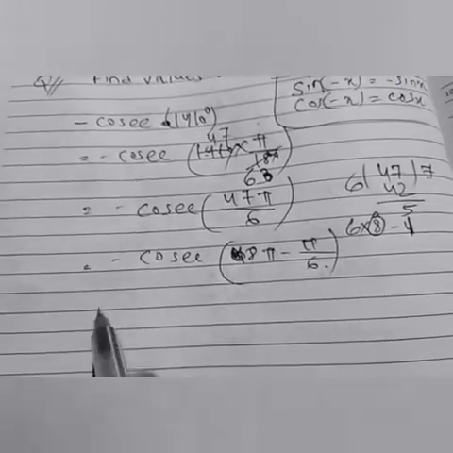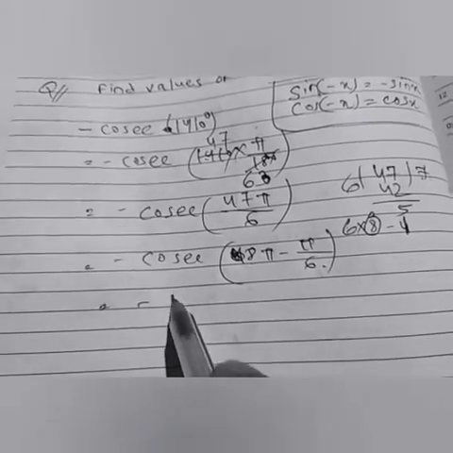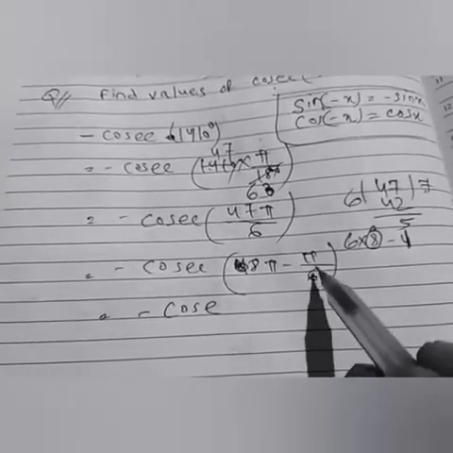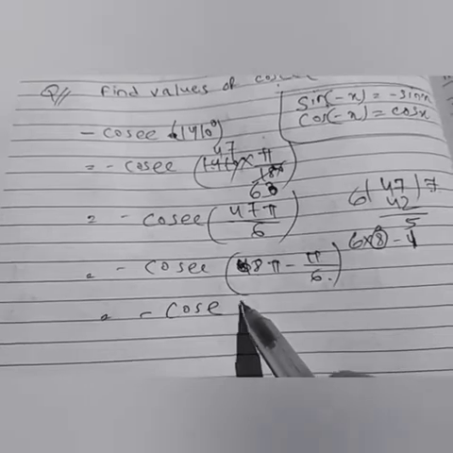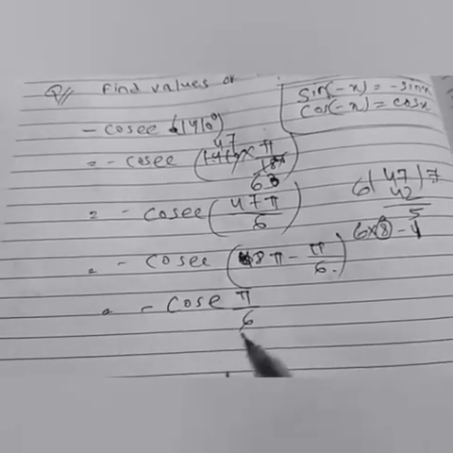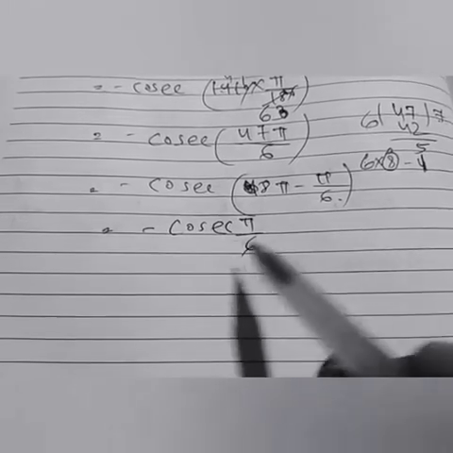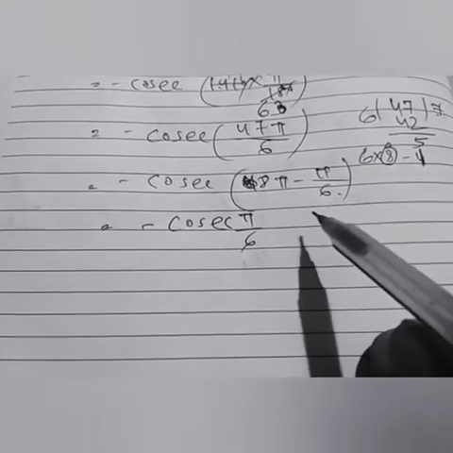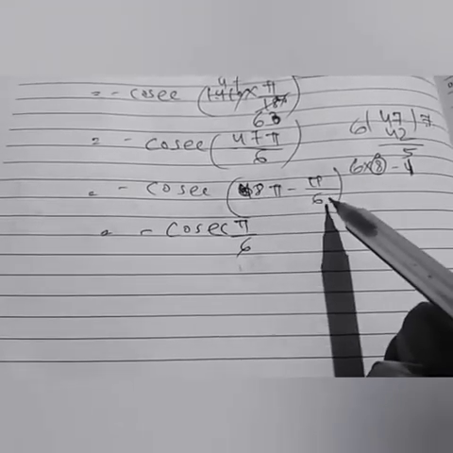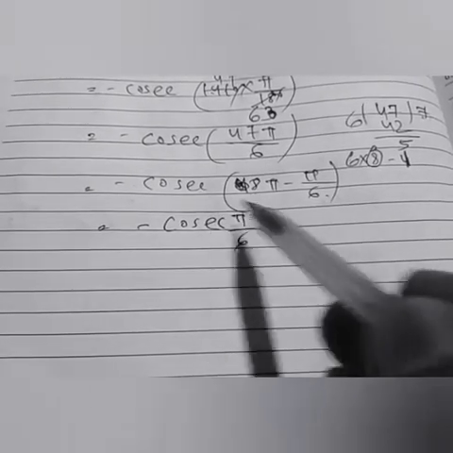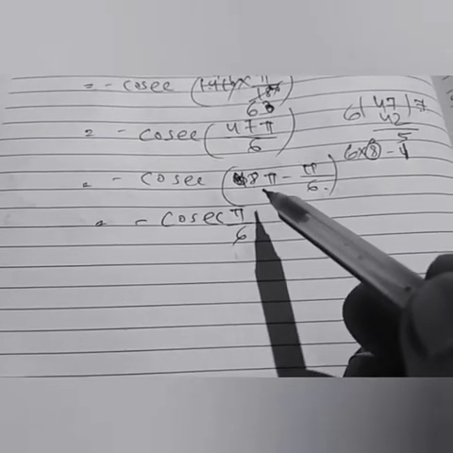So our result is minus cosec of 8π minus π/6, and cosec repeats after the value of 2π.